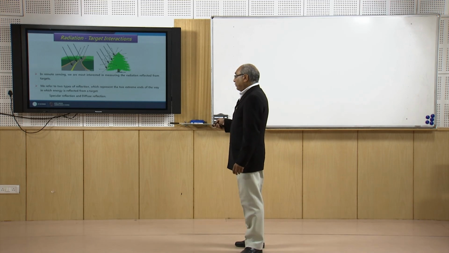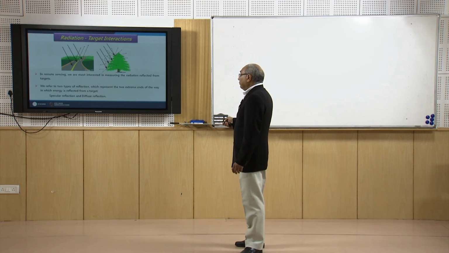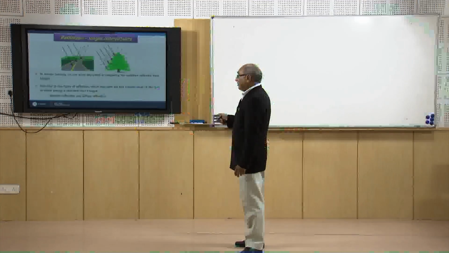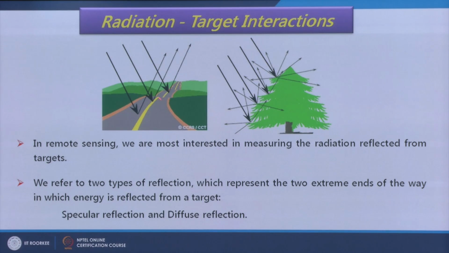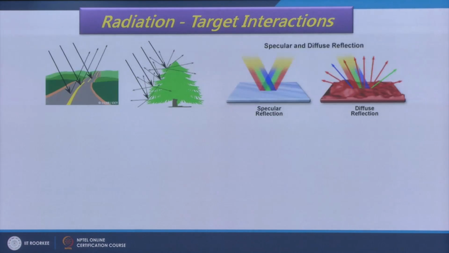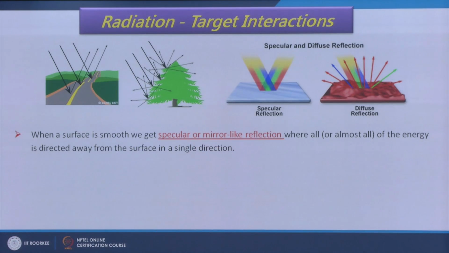So, two types of reflection are observed, which are the two extreme ends in the way energy interacts and is reflected back. One is specular reflection, maybe from roads, maybe from a calm water surface and so on, whereas diffuse reflection may be from vegetation and other places. In specular reflection the maximum energy is reflected back, whereas in diffuse reflection some is reflected, and it is scattered all around.